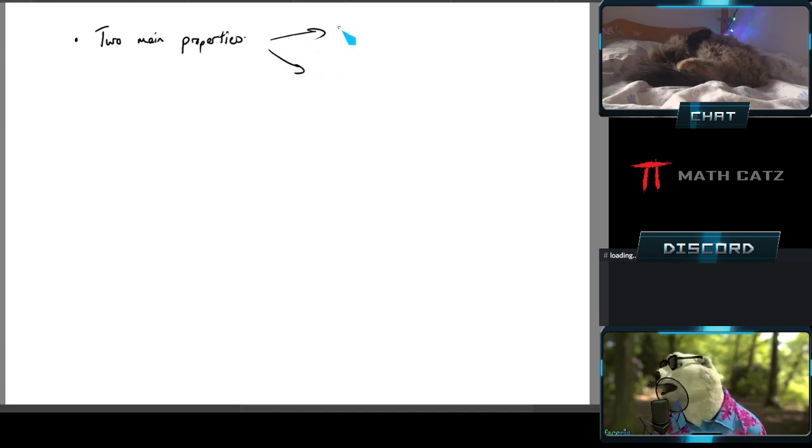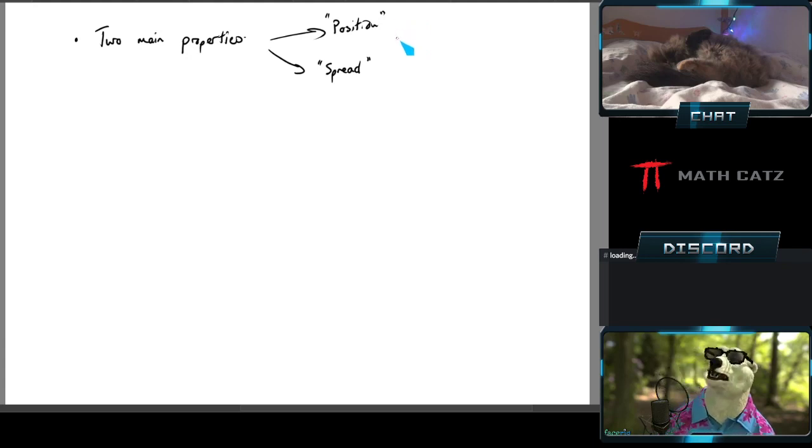We have the position, I'll put this in quotation marks, the position. And we have how the scores are spread out. The position and the spread. So when it comes to the position, where is it located? Where is the center? Where is the peak?